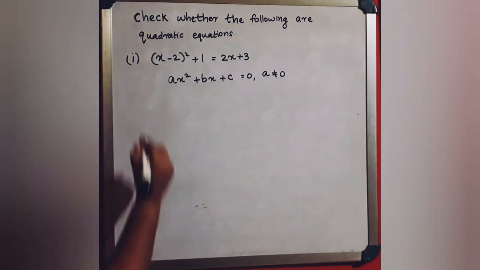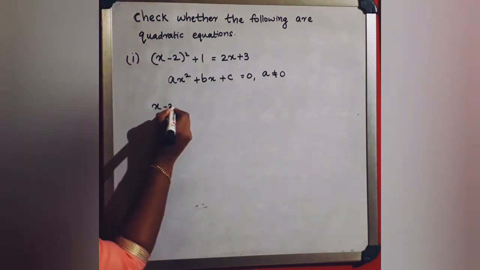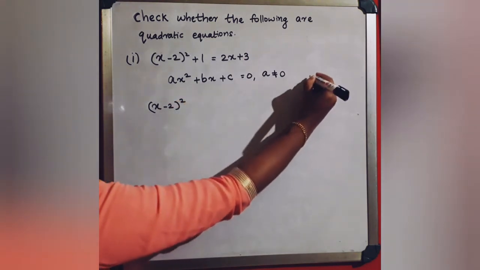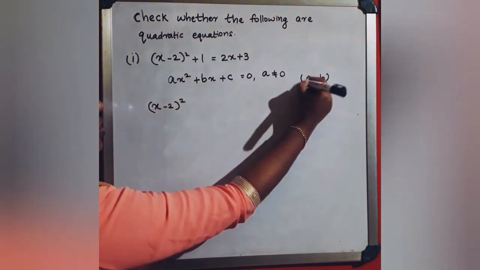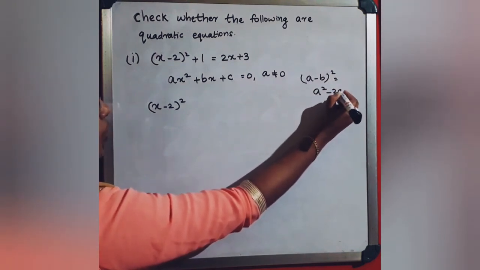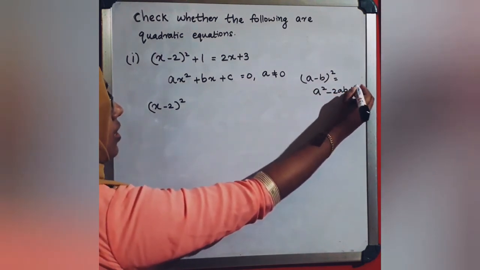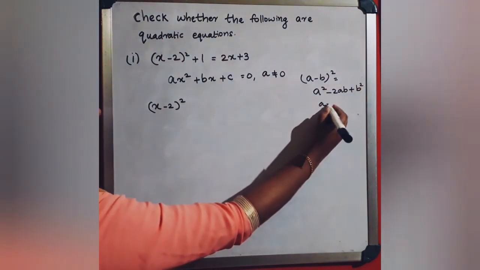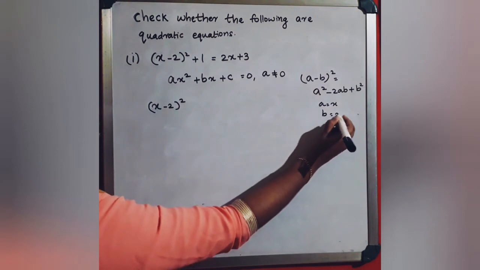So first, let us expand x minus 2 whole square. We know that a minus b whole square is a square minus 2ab plus b square. Here a is x and b is 2.